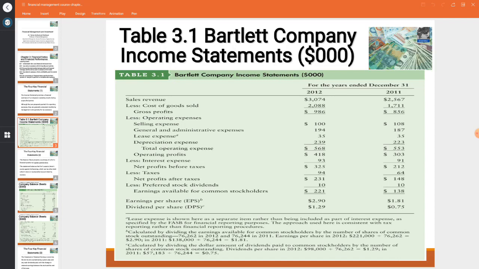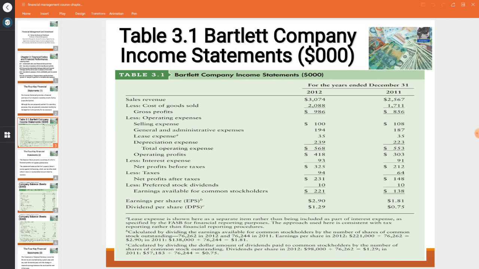As you see, this is an example of the standard form of our income statement. In 2012, for instance, we started with sales revenue, less cost of goods sold, and you will have gross profits. Then we exclude our operating expenses such as selling expense, general and administrative expenses, lease expense, and depreciation expense.